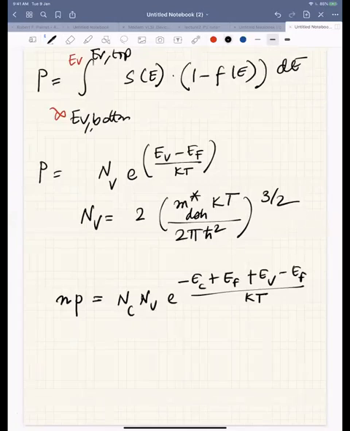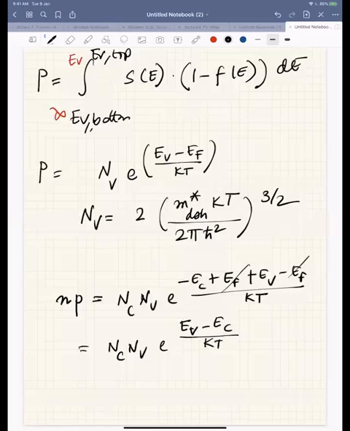Then this will be NC NV, and your EF will cancel, so this is EV minus EC by KT. Your valence band minus conduction band is nothing but your energy gap, so NC NV e to the power minus Eg by KT.